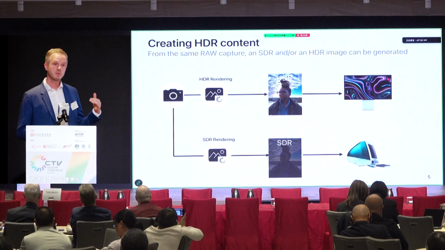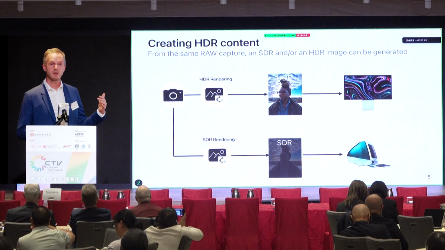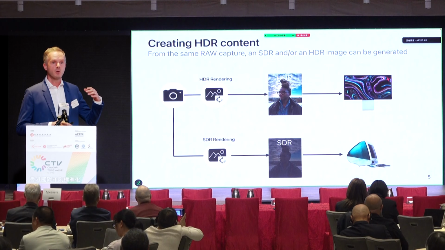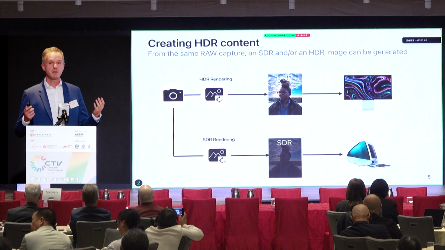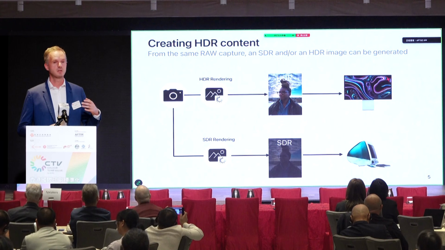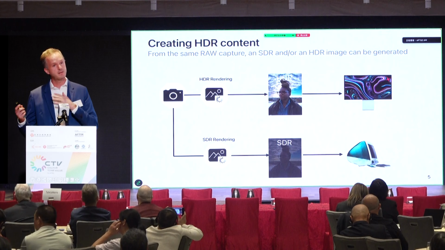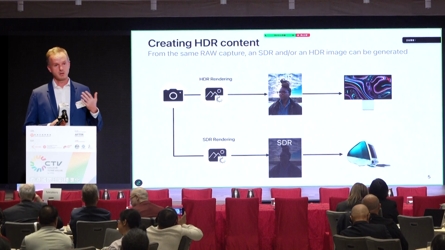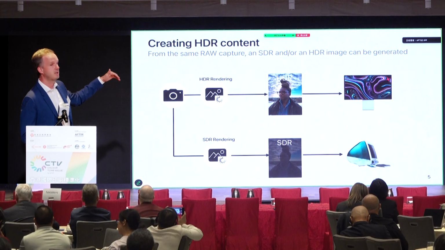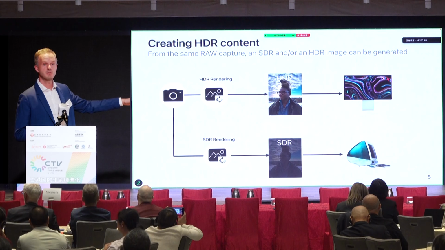So now when we capture a photo on an HDR camera, from the same pixel values, from the same photons, we can choose to optimize for an HDR display or for an SDR display. Of course, traditionally, the industry has been optimizing for SDR displays on the bottom.